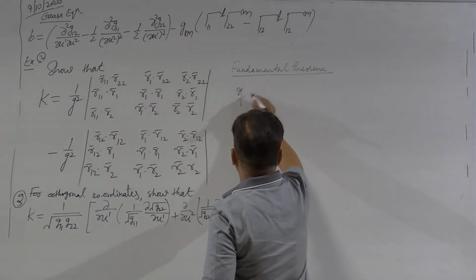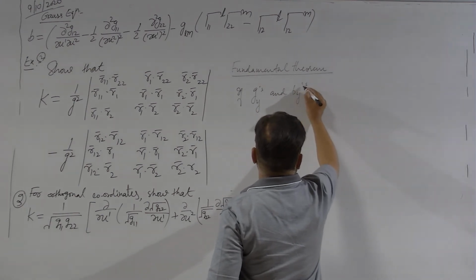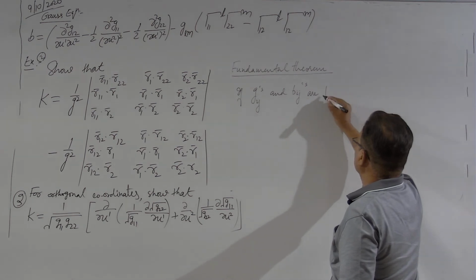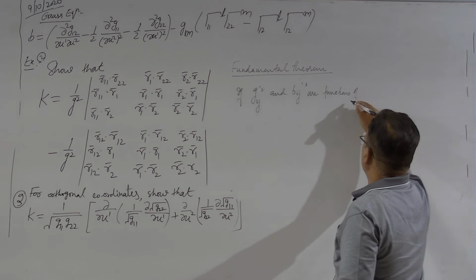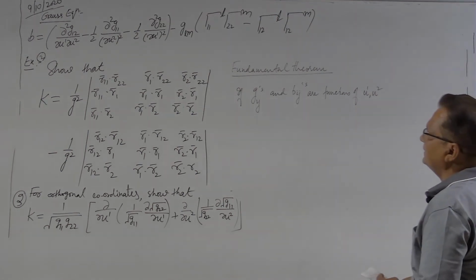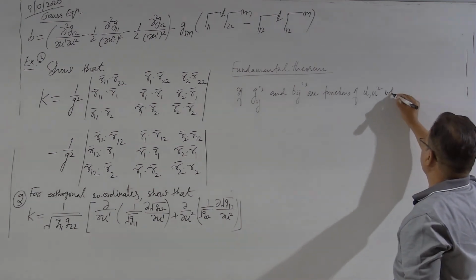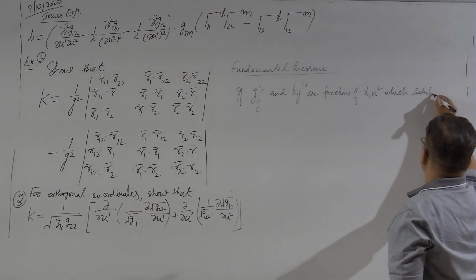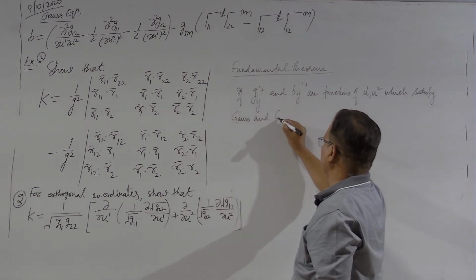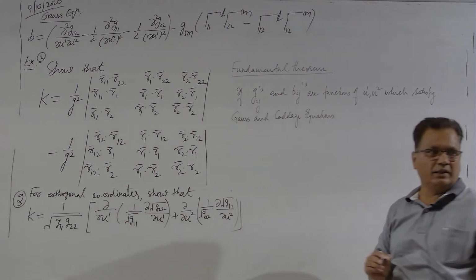So, if Gij's and Bij's are given real valued functions of variables, let me call them u1, u2, and these satisfy the Gauss and Codazzi equations, then there exists a unique surface.